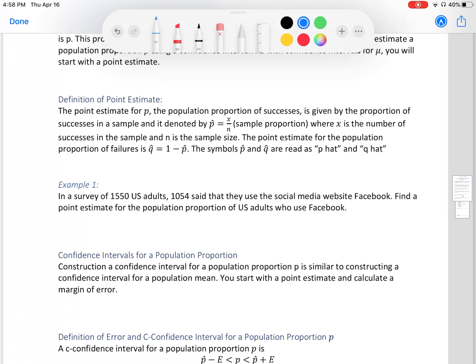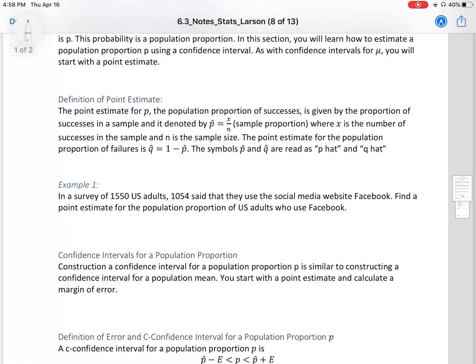Definition of a point estimate. The point estimate for p, the population proportion of successes, is given by the proportion of successes in a sample and denoted by p hat is equal to x over n, where x is the number of successes in the sample and n is the sample size.